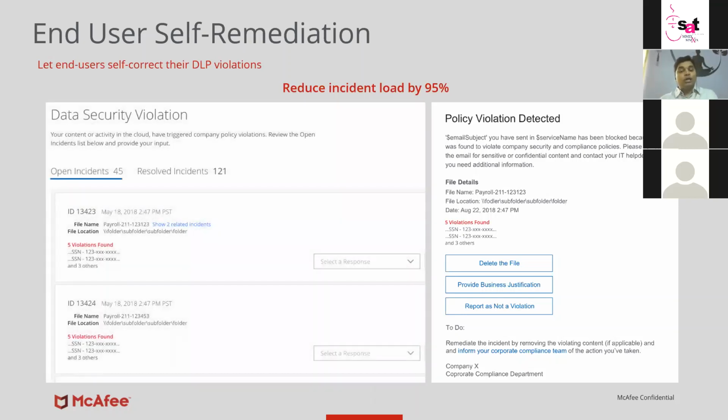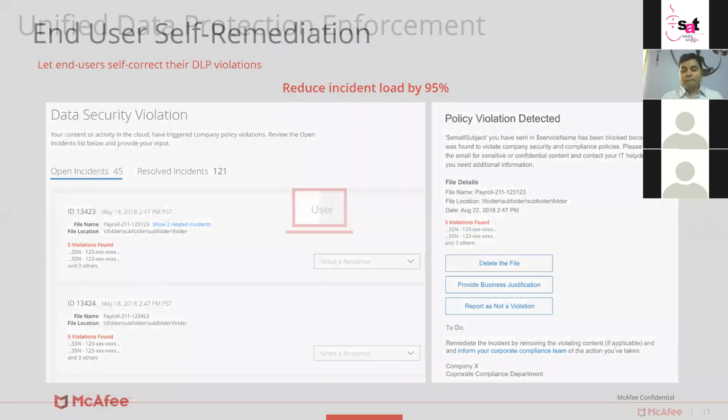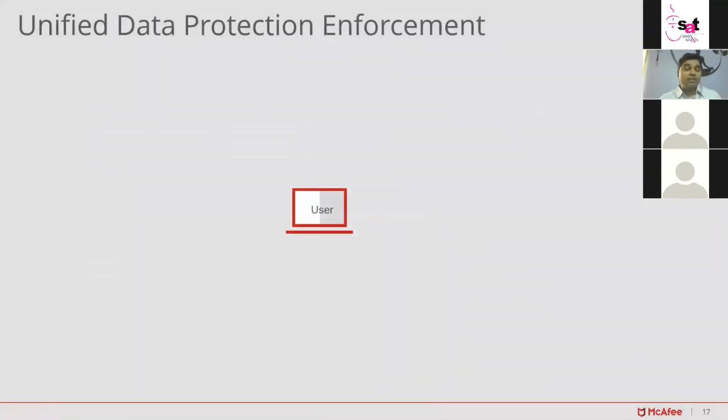For a couple of customers where we implemented this when we first launched it a year back, they were able to reduce the incident load on the analyst team by 90%. That's a big operational benefit for the organization. Similarly, there are other benefits which I can talk about in other sessions.